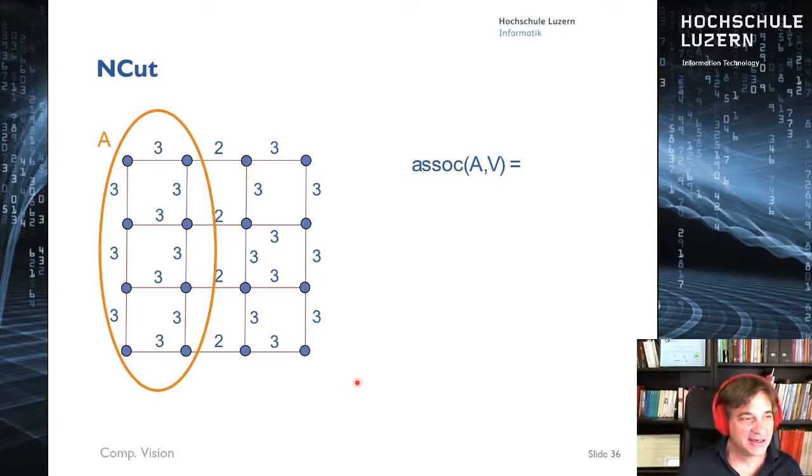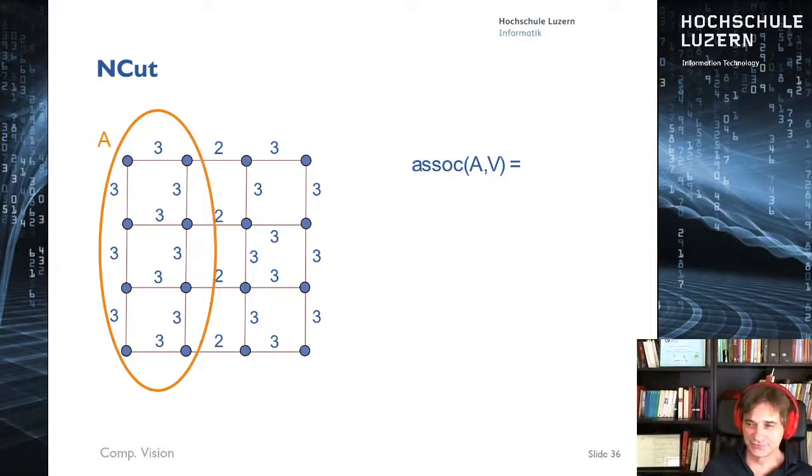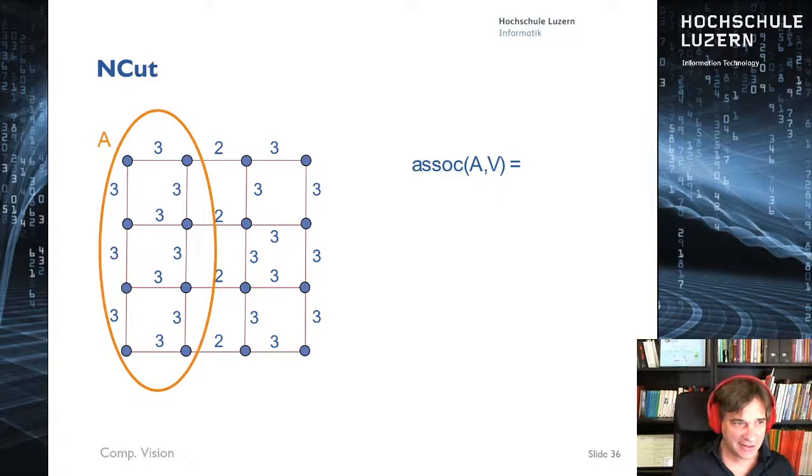So that would be the sum of all the edges that have at least one edge in A. Well, it's obviously all edges here, but, and I forgot that yesterday, we have to include all the edges also that start here, but go to one edge less.